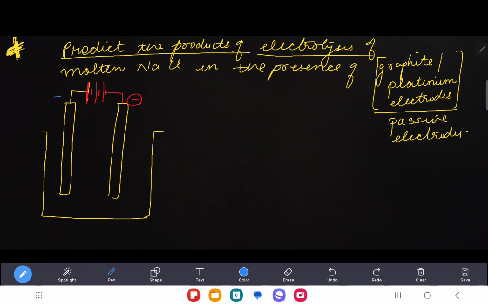Understood? The question is predicting products. So at cathode, what shall be formed? And at anode, what shall be formed? That is what we are supposed to tell. So Na plus is there and Cl negative is here.